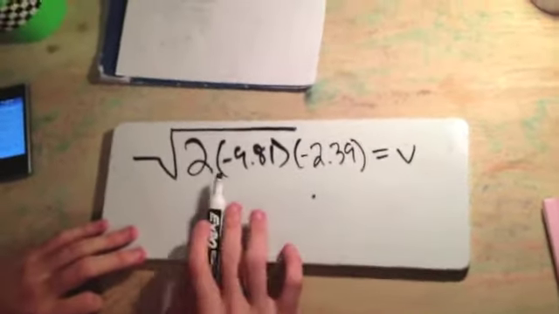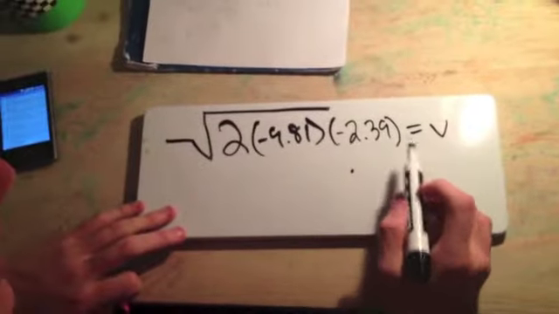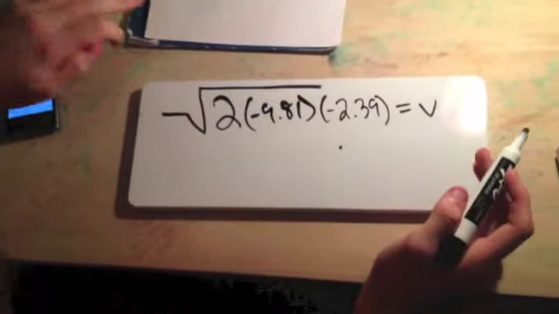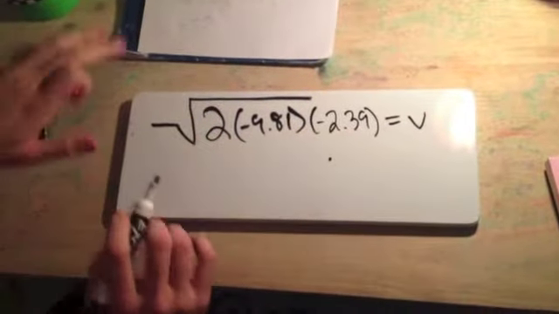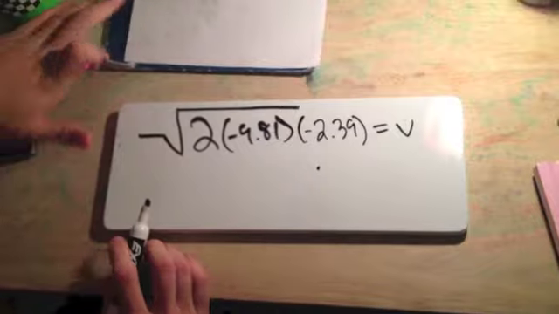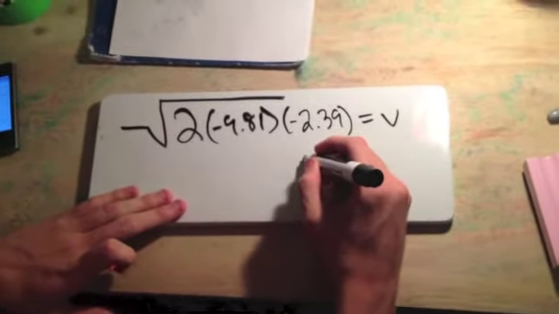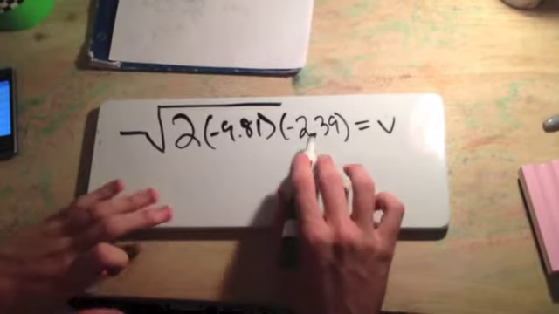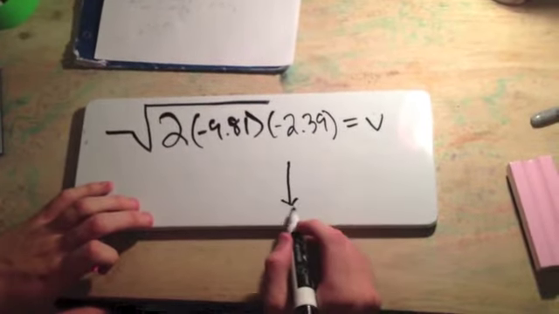So you may be wondering why we have a negative height in our equation. Height can't be negative, right? But this is actually a delta y, or change of height. When dropped, Miley is negative 2.39 meters from the surface.